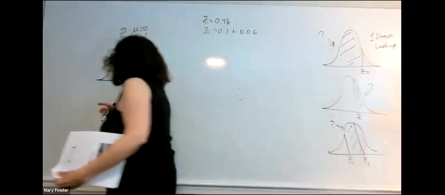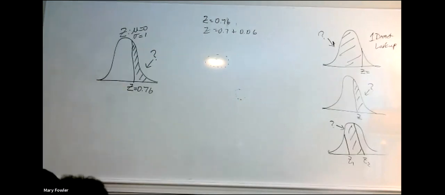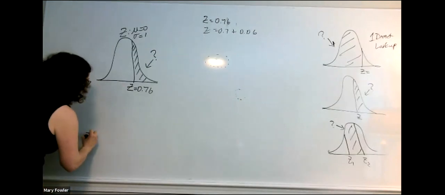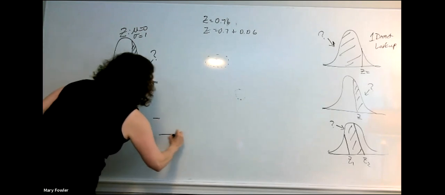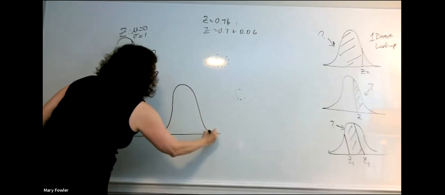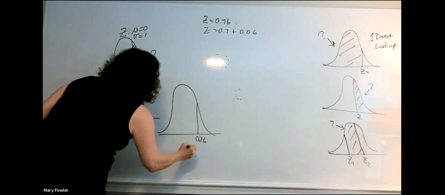area. So the area to the right of 0.76 is equal to the entire curve minus the area to the left of 0.76.